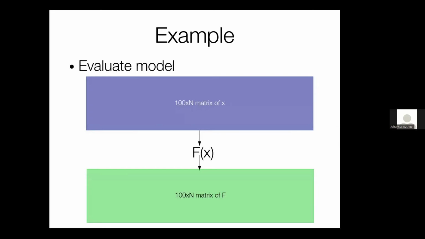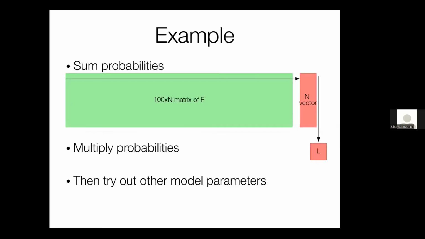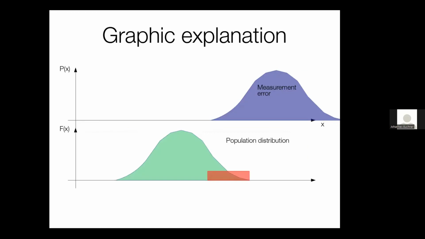Now you apply your particular sample distribution to that. That gives you a probability. And then all you have to do is sum across one axis and multiply across the other axis. Sum across, and then you multiply, and then you have this hierarchical likelihood. And then you try out different sample parameters and see which parameters would be preferred.